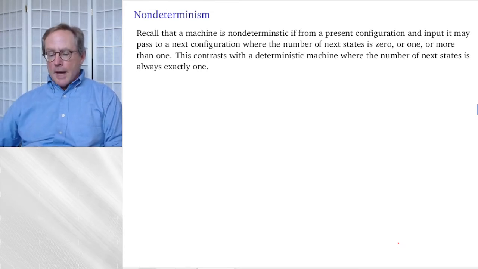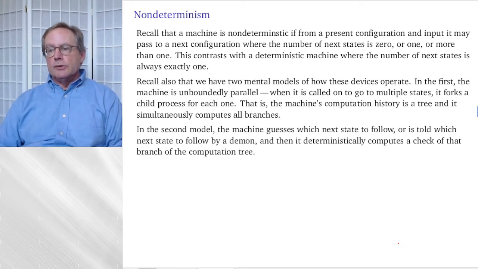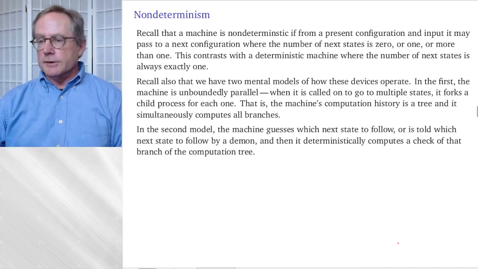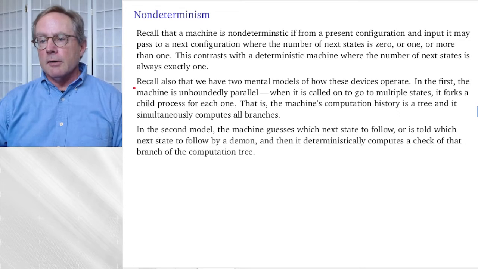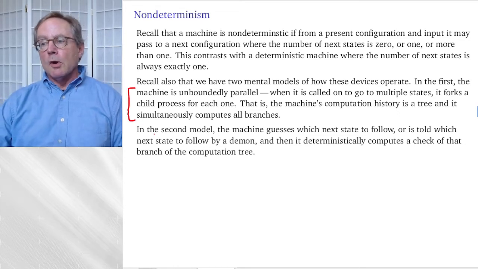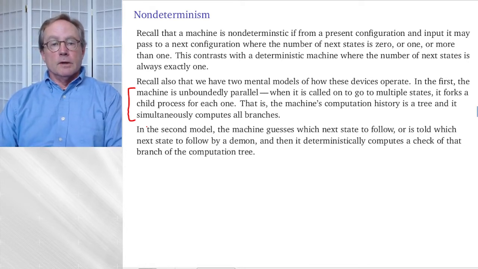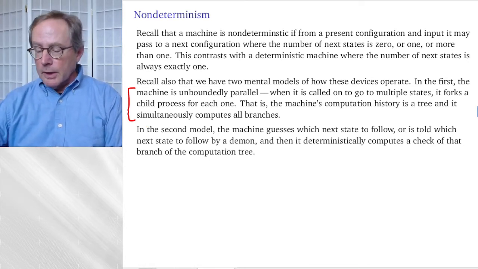You'll remember that we have 2 mental models of how these devices operate. In the first, the machine is unboundedly parallel. So when we're called on to go into multiple states, the machine will just split, and there'll be multiple places where it goes.